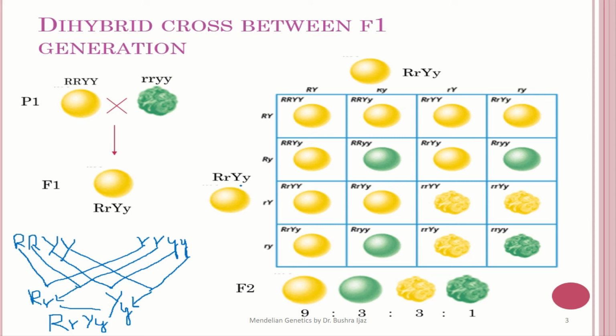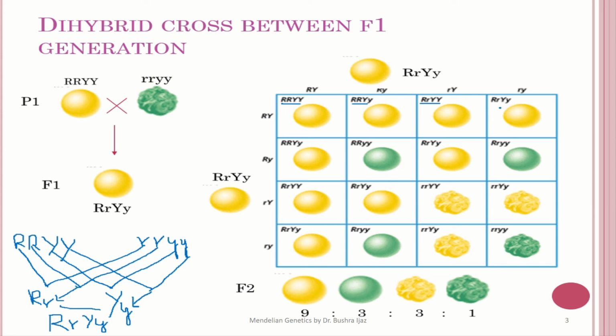Okay, so here you can see what will be the combination. This is round and yellow and is homozygous. This is homozygous round, but heterozygous yellow, right? So this is heterozygous round, but homozygous yellow.